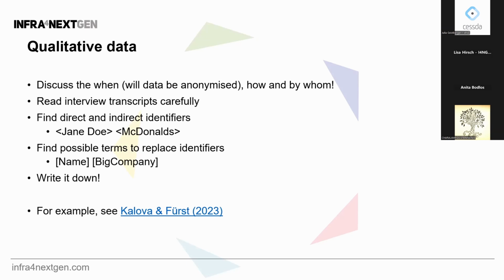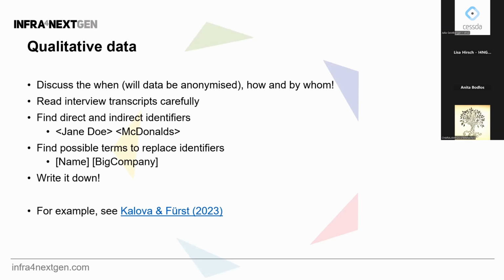So replace Jane Doe with the term name in square brackets, for instance, and the precise company name with a big company in square brackets, or the University of Vienna with a large university, or a university with more than, I don't know, 50,000 students.